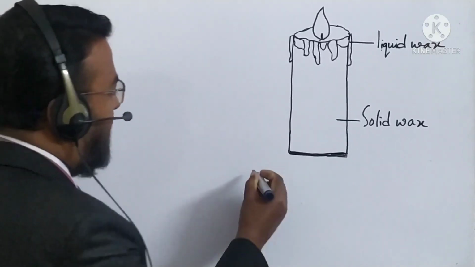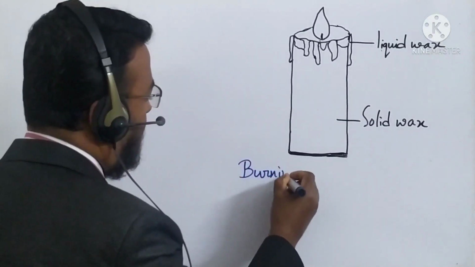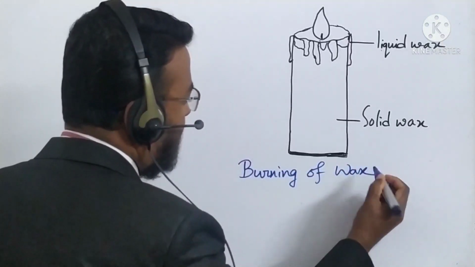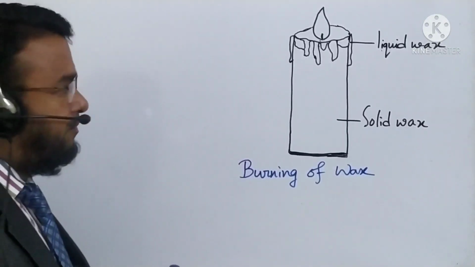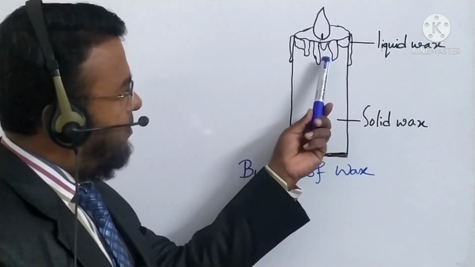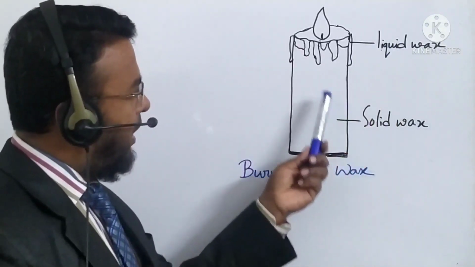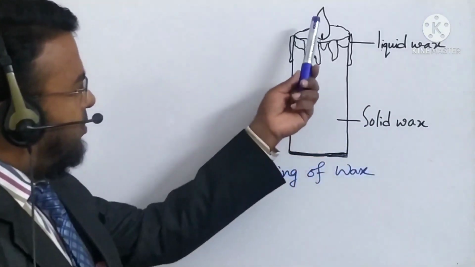Okay, now everybody see that I have drawn a diagram. It is the burning of wax. So if wax is burning, then what happens? You see in the diagram that there is some wax melting, so this is liquid wax and this is solid wax. Now it is burning.